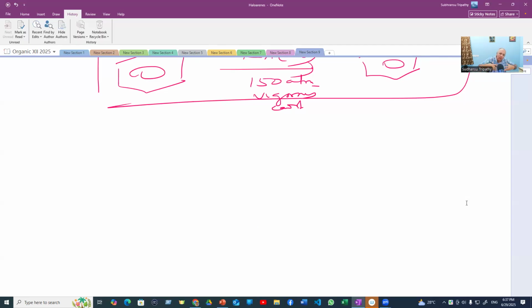Nitro will withdraw the electron towards itself very profoundly and produce plus delta character in the ortho para positions. The one which was deactivating for ARSE will be activating for ARSN. Nitro, cyano, sulfonic acid and aldehyde, they were deactivators.